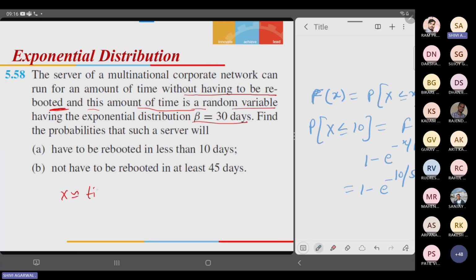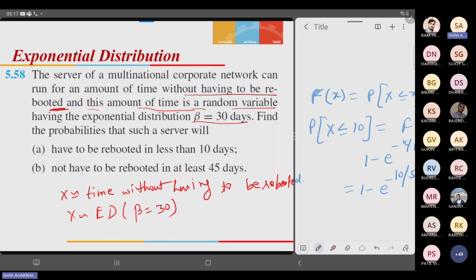The time without having to be rebooted. Okay, now X follows the exponential distribution with beta equal to 30. Yes, in the question beta is given as 30 days. Okay, now you have to find out this probability. I am waiting for your answer.